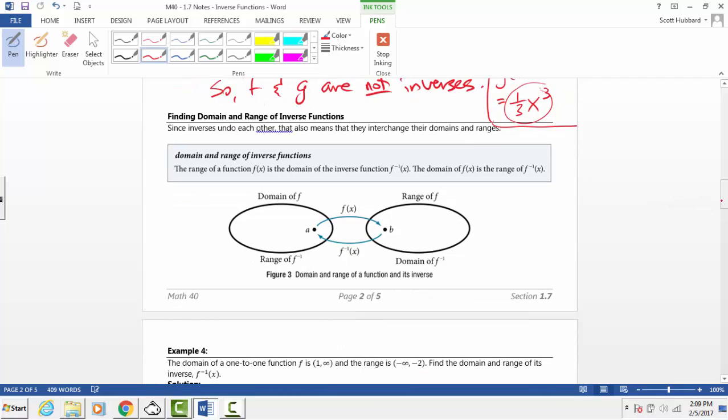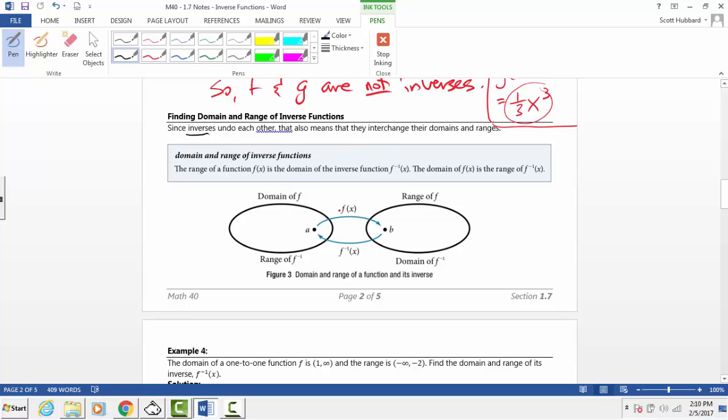Okay, all right. So now that we know how to check that, a little more concept for everyone is that, remember, inverses undo each other. So what that means is that basically they just swap domains and ranges.